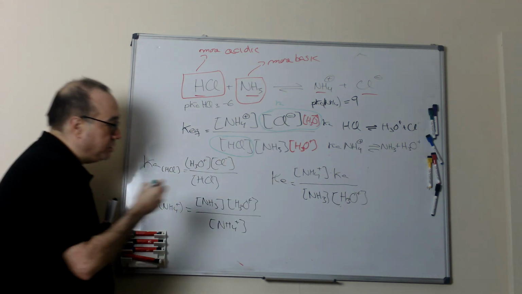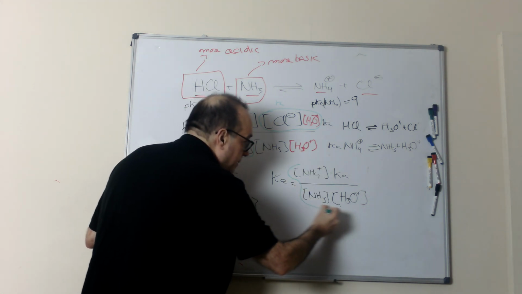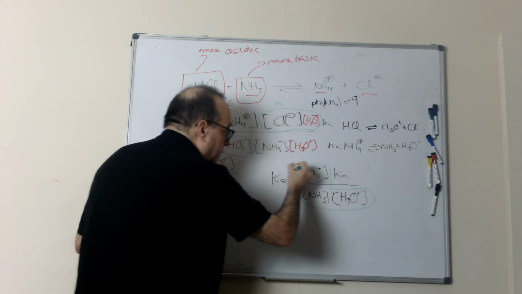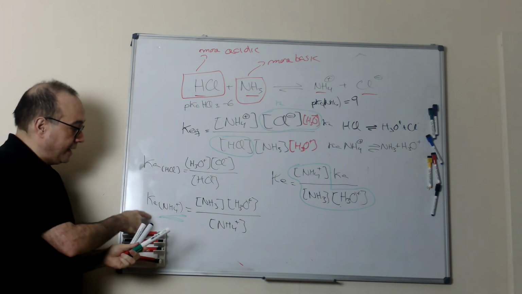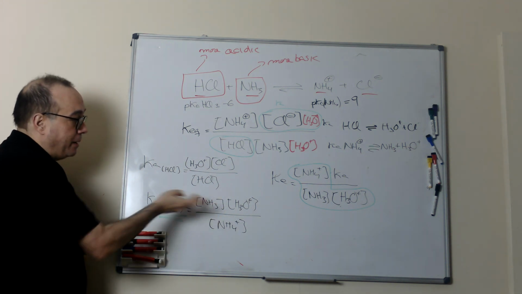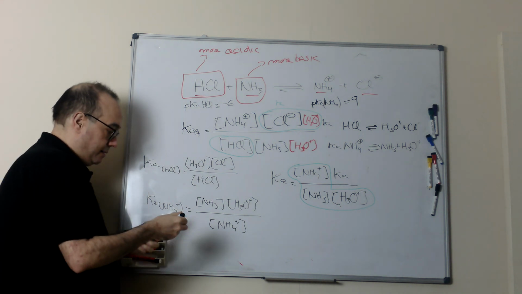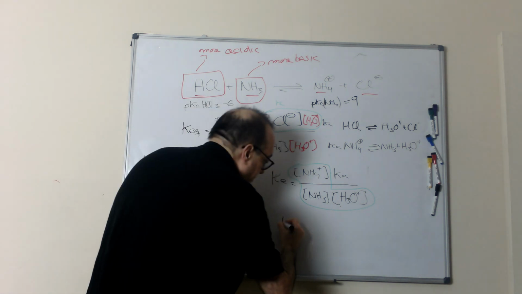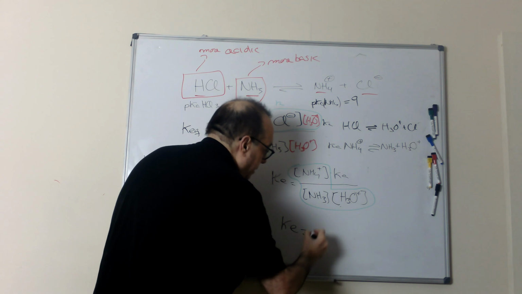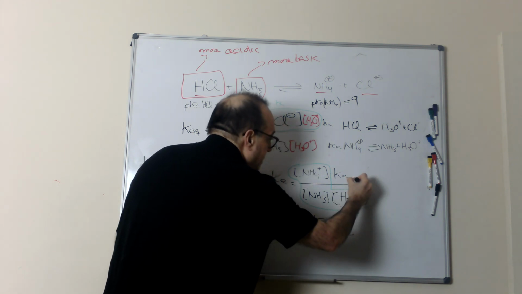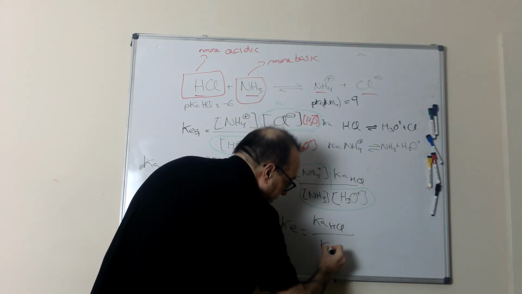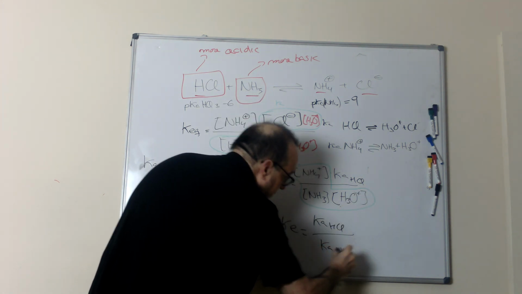But now I can substitute this with this Ka, the only difference being that it is inverted. That means that the equilibrium constant will be Ka of HCl divided by Ka of NH4.